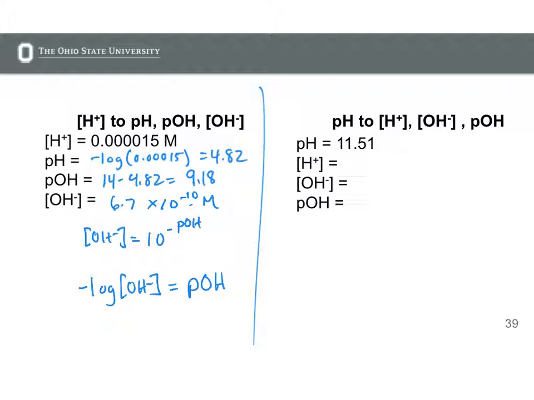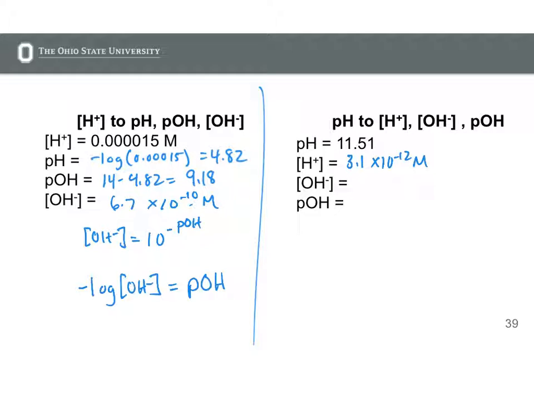Okay, so I'm not going to go through these others in detail, but I'll write them out for you. So my H plus concentration when the pH is 11.51 is 3.1 times 10 to the minus 12. And that makes sense. That's a really small concentration. The pH is really high, meaning that it's a very basic solution, so there shouldn't be a lot of H plus in solution.